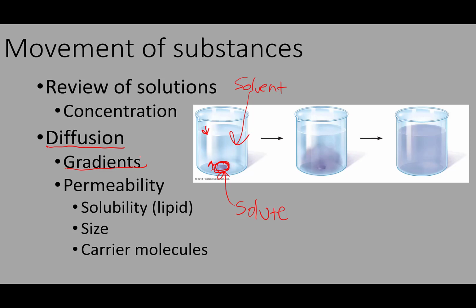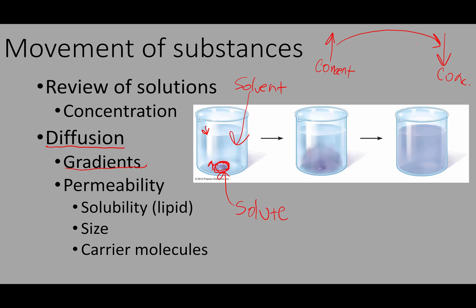When there is an area of high concentration and an area of low concentration, there is a gradient. We say there is a concentration gradient or a chemical gradient. Where there is high concentration and low concentration, we have a gradient that's going to cause these substances to move from high to low.